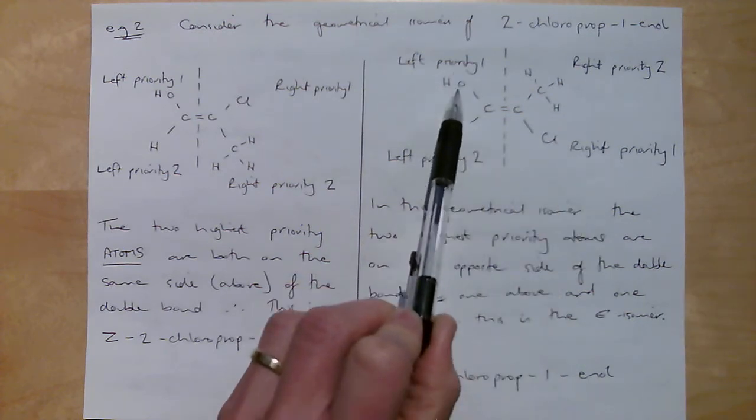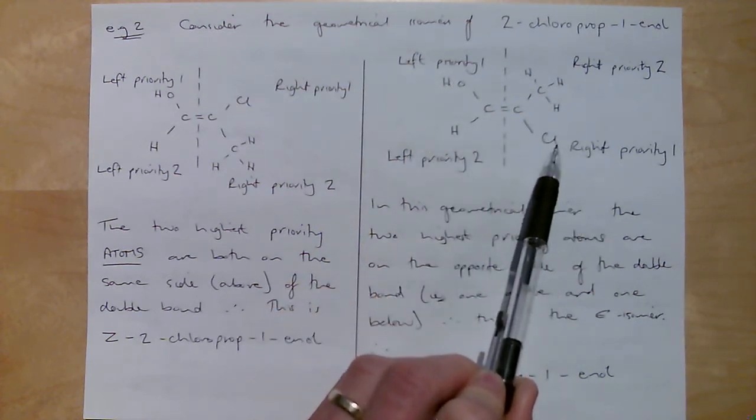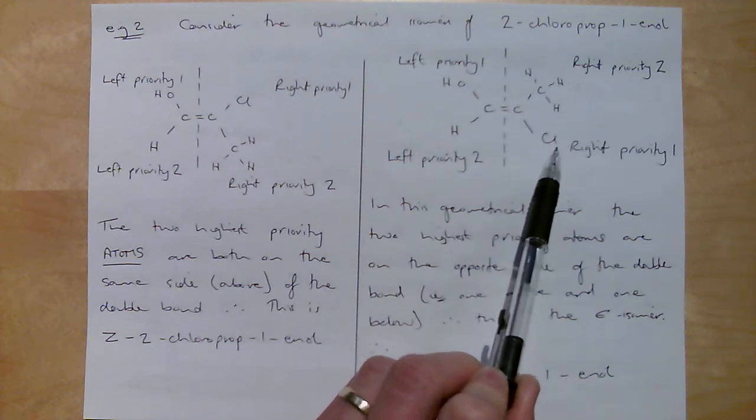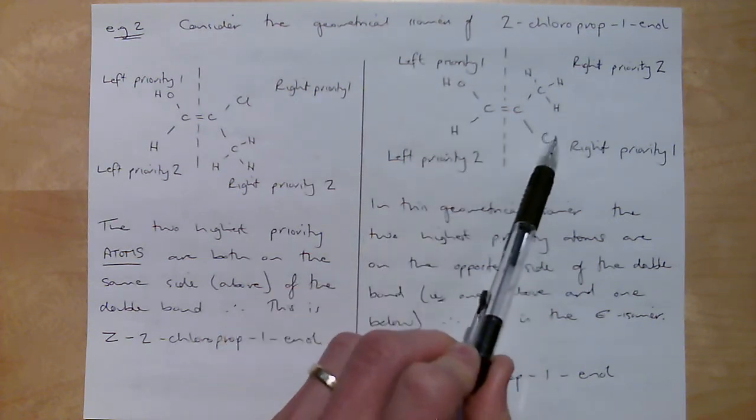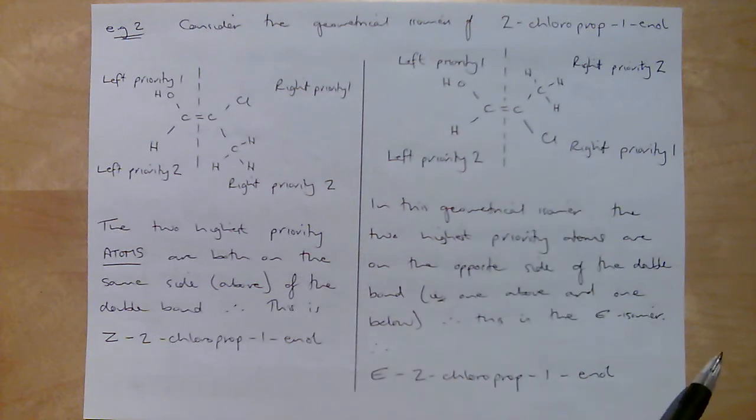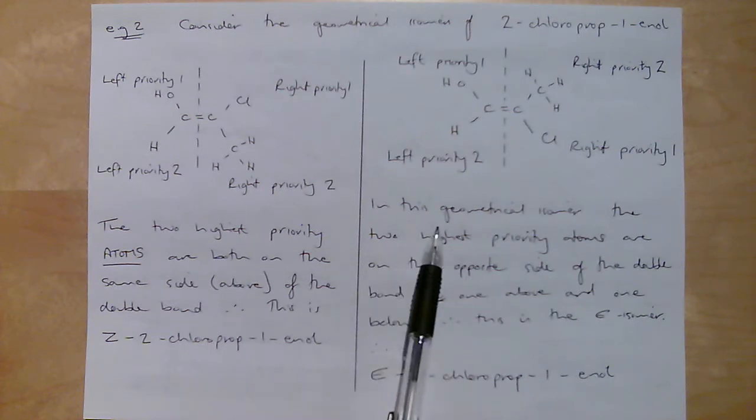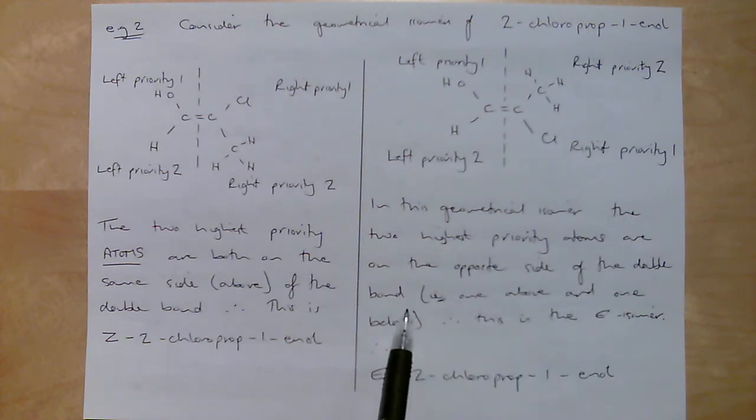So on this side my priority group was at the top, on this side my priority group was at the bottom, so my priority groups are opposite each other, so that is E-2-chloro-prop-1-enol. So in this geometrical isomer, the two highest priority atoms are on the opposite side of the double bond, i.e. one above and one below, so this is the E isomer.